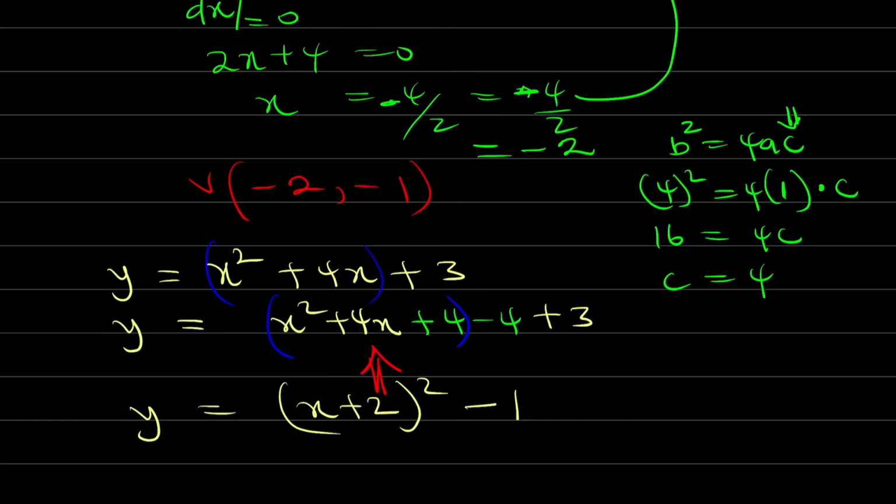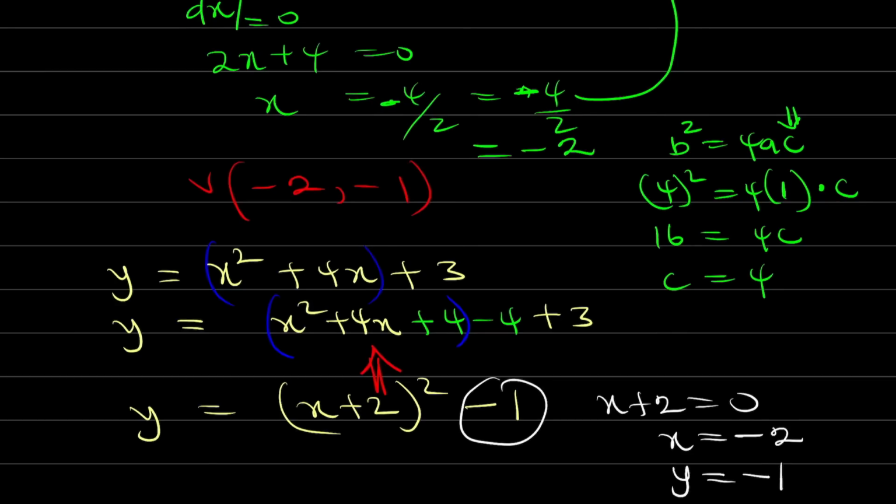And at the end of the day, the vertex we are looking for is when x plus 2 is equal to 0. When x plus 2 is equal to 0, x is equal to minus 2. And this minus 1 here is the corresponding value of y, making our vertex equal to x equals to minus 2 and y equals to minus 1.